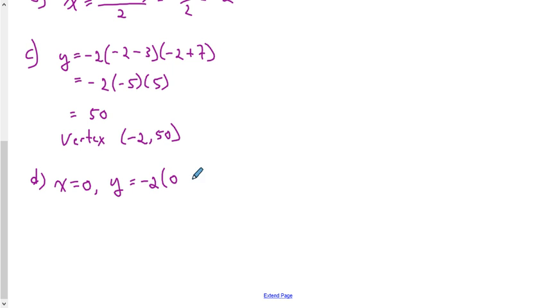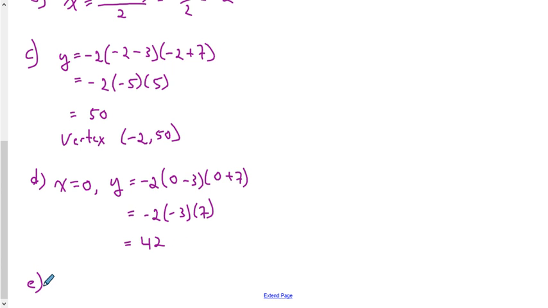Let's put in a 0 everywhere we see an x. Well, that's going to be negative 2 times negative 3 times 7. Work all that out, that's going to be positive 42. So what's our y-intercept? It's at 42.